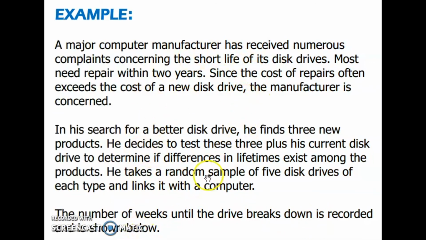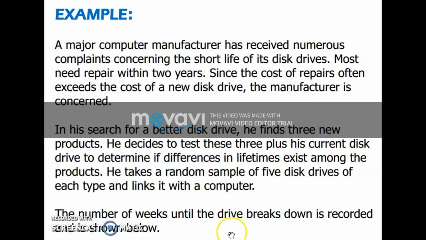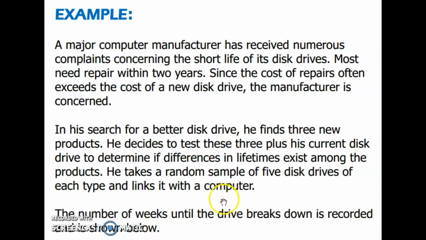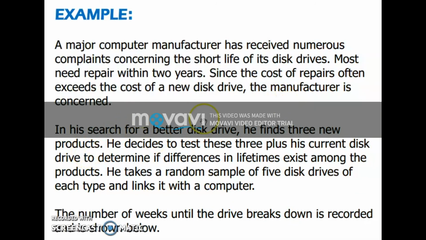So from this paragraph, we understand that the factor he wants to analyze is the number of weeks until the drive breaks down. He wants to test whether there is any statistical difference in the number of weeks until the drive breaks down for the four products.